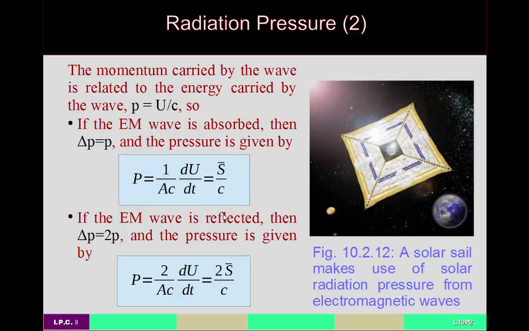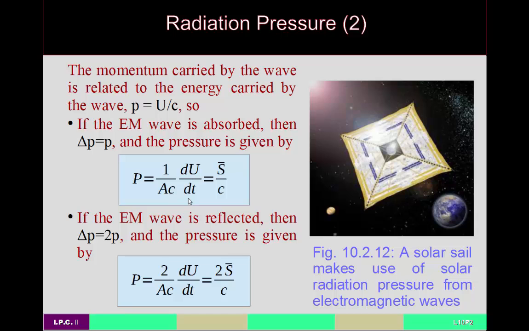So now we can put all that together, and what you end up getting is that the momentum carried by a wave is related to the energy carried by the wave, P equals U over c. So if you have the wave being absorbed, then delta P equals P, and therefore the pressure is 1 over the area times dU/dt divided by c.